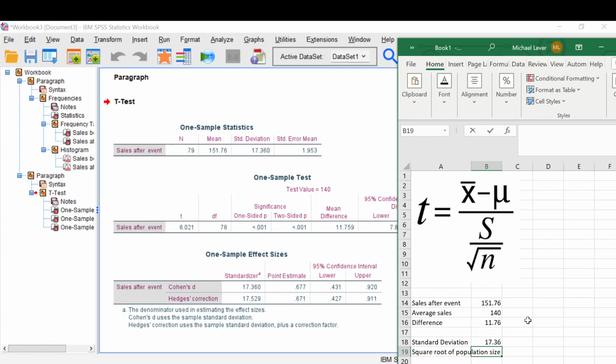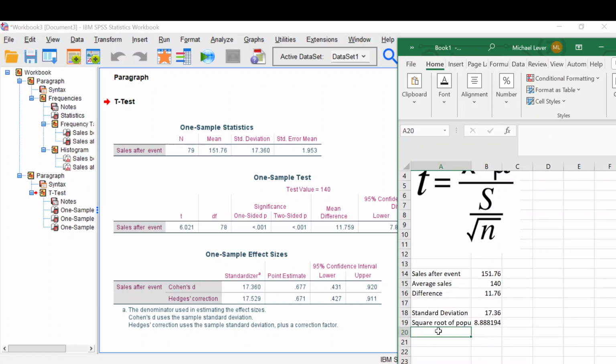So in this case, it is square root of 79. And then the two numbers are divided. You end up with 1.953, which can be confirmed here. So this result here is our standard error mean. And then it's simply a matter of taking the difference between our two means and dividing that by our standard error mean. And the result is what we call a t-statistic.